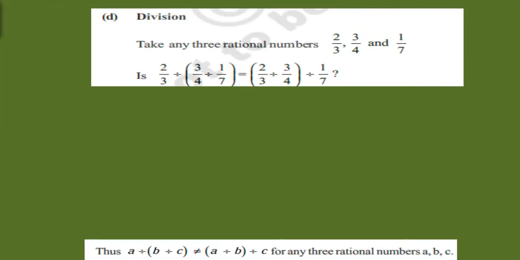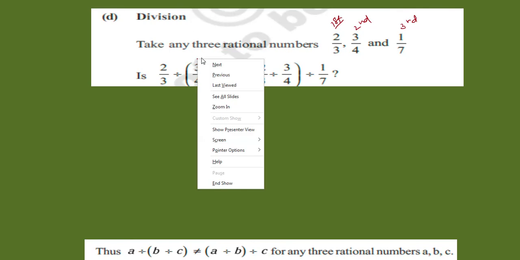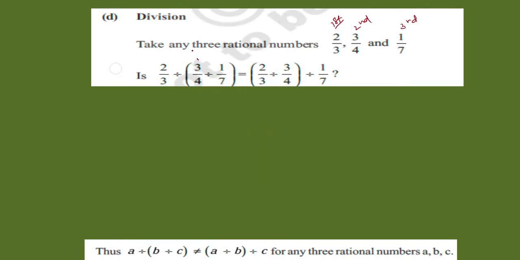We move to the fourth one, that is division. Here we have taken 2 by 3 as the first number, 3 by 4 as the second number, and 1 by 7 as the third number. In the left hand side, what is written in the bracket is 2 by 3 divided by 3 by 4, and 1 by 7 is the third number.